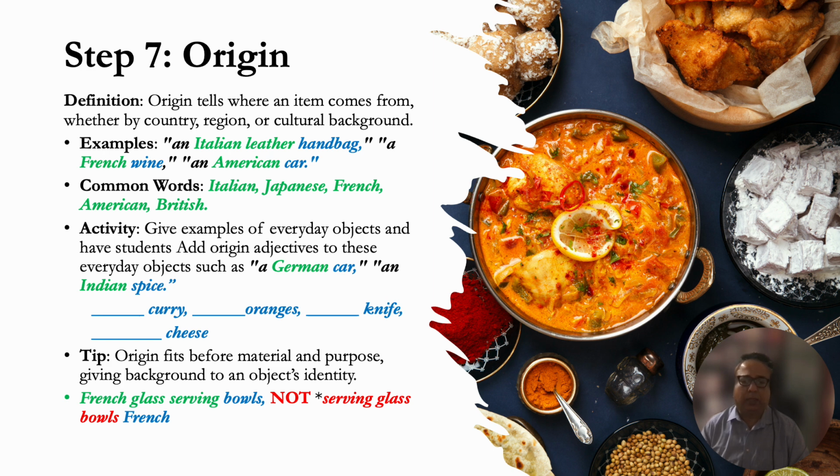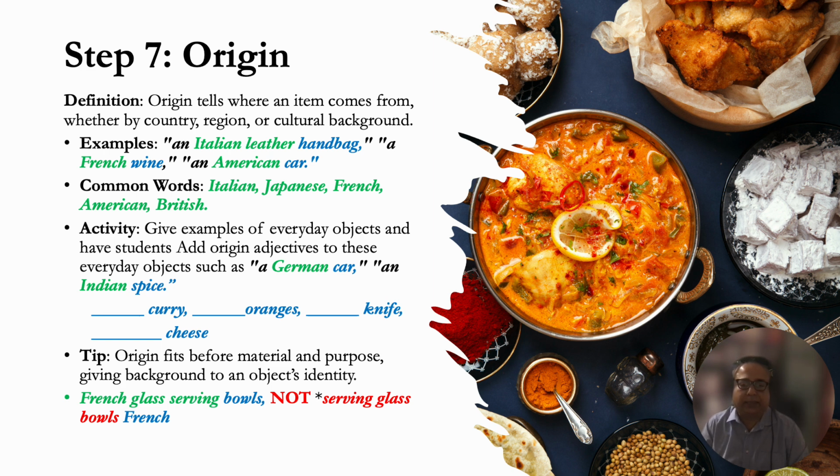Common words that people use to tell the reader what the origin of the noun is are Italian, Japanese, French, American, British, such as French wine, for example. Okay? A German car, an Indian spice.